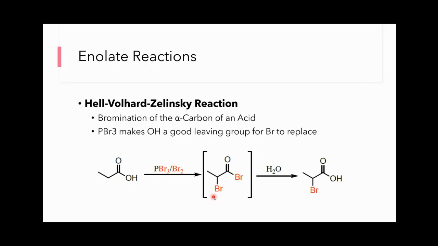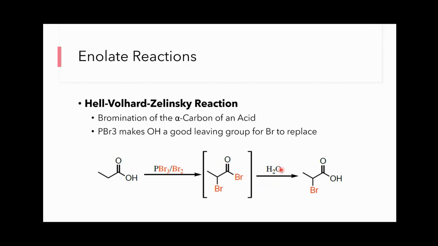The reason why it also attaches here is because this one can also get deprotonated, and so it can grab a bromine as well.